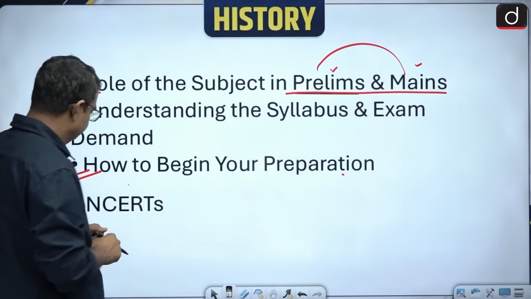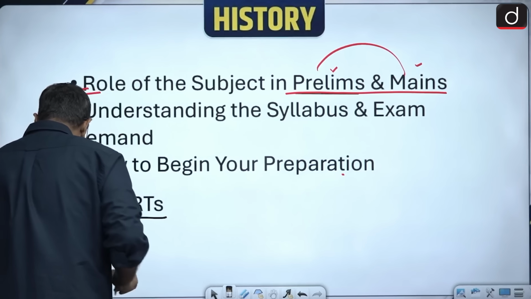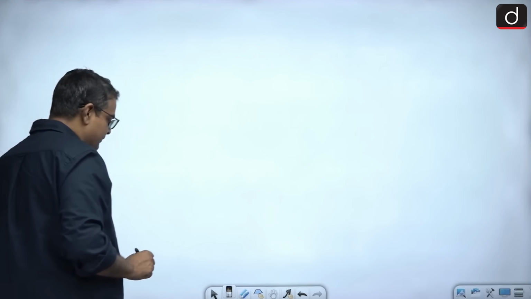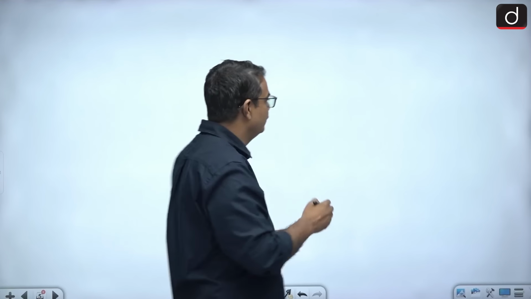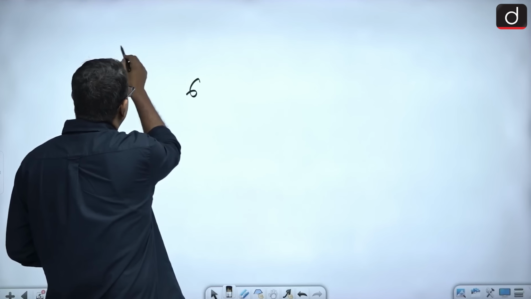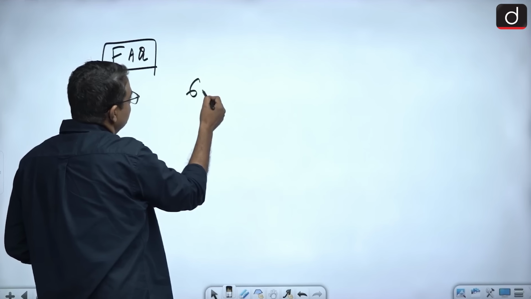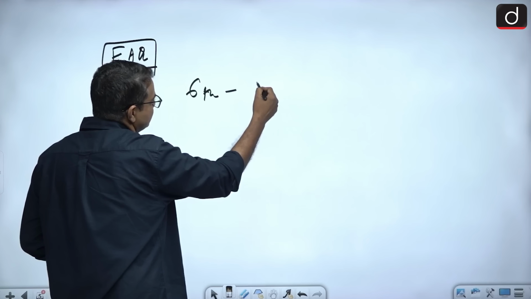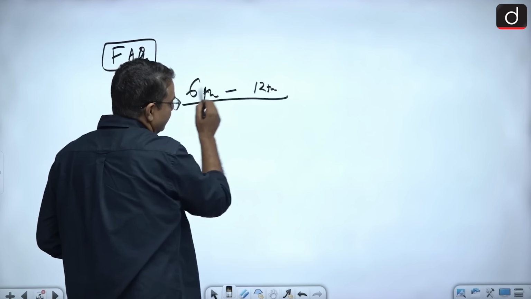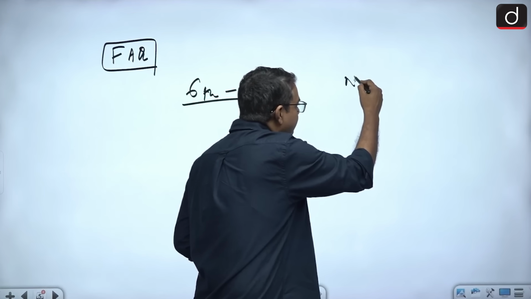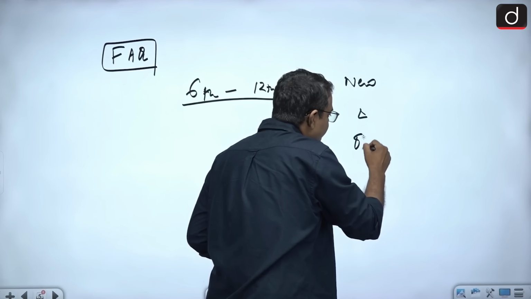Let us take the next thing that I have to discuss here. So NCERTs. See, there is a very big misconception among students that I place in frequently asked questions: sir, from 6 to 12 standard we have to study NCERT, new and old confusions.